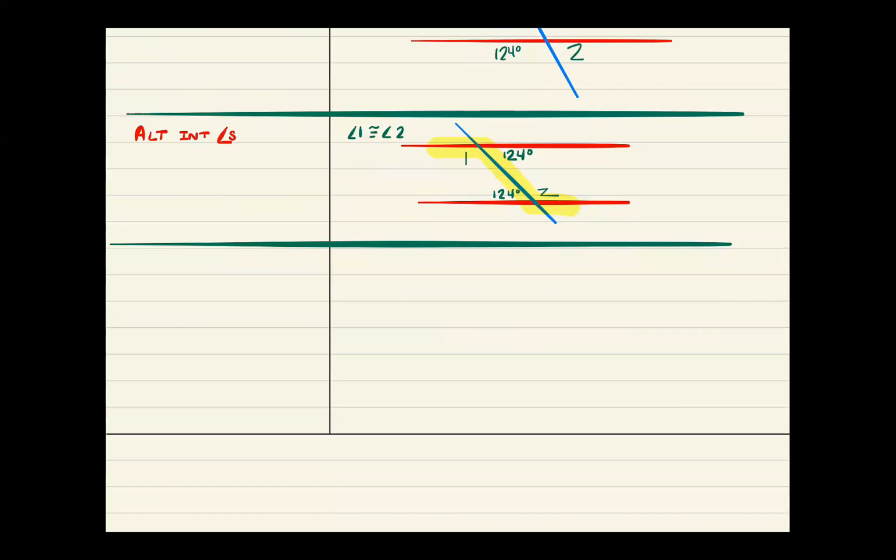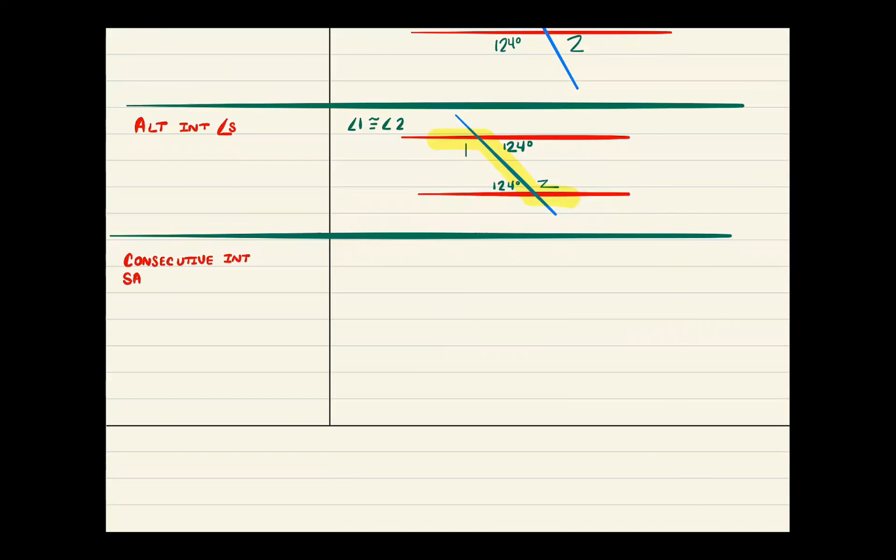All right, so we had one more. It was called consecutive interior, but what did I tell you you'd also see? Same side interior. What did y'all see more on the homework? Same side? I figured as much.